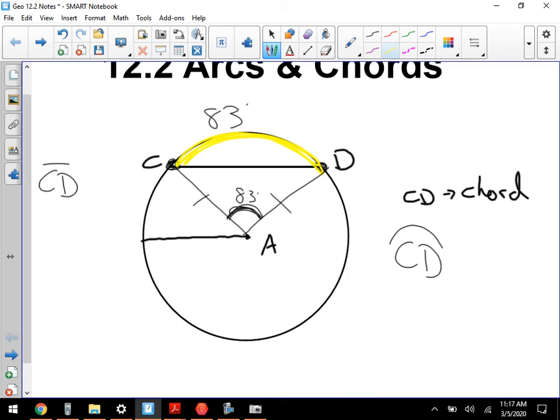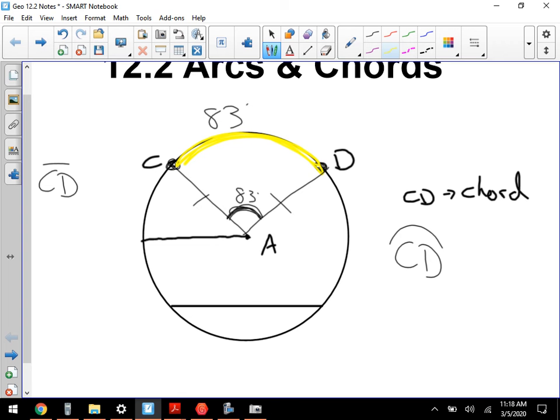Now, what's going to happen today is that we're going to look at this chord, and if I keep the same length of the chord, and I move it somewhere else, what would that arc have to be? Why? Because it's the same. Okay. That's the idea of what we're looking at here today.